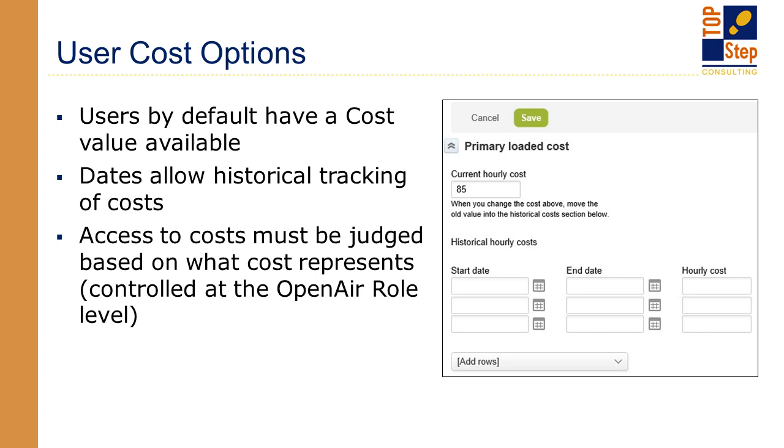Their end date would be yesterday, February 14th, and the hourly cost would be the $85. And then in the current hourly cost field, the $100 increase rate would be placed in there. So it's a great way to keep track of the history of users, and you can report on it based on the time period that you're looking to pull data for.